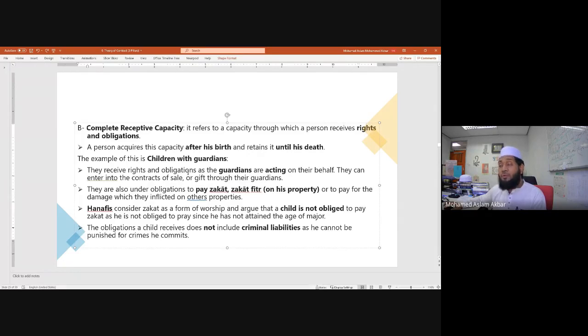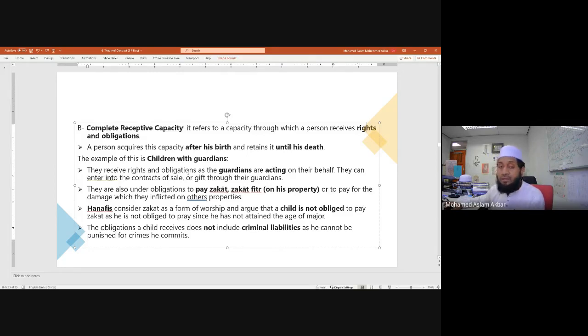Remember, when the Prophet ﷺ was born, before his birth, his father Abdullah had already passed away. So when Prophet Muhammad ﷺ was born, he was born an orphan. The uncle of the Prophet, who is brother to Abdullah and also father of Ali, his name is Abu Talib, became the guardian.